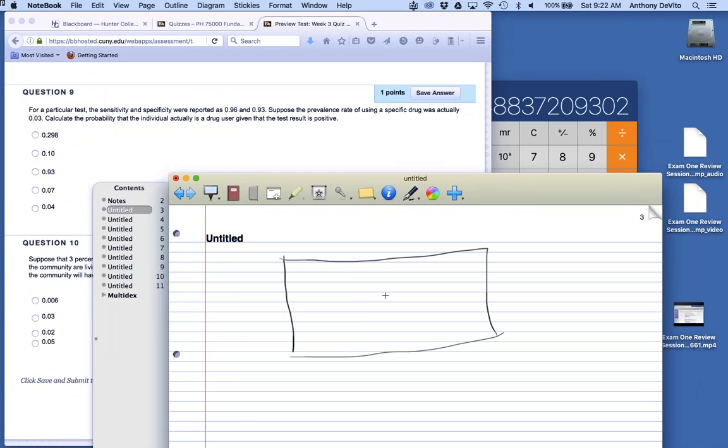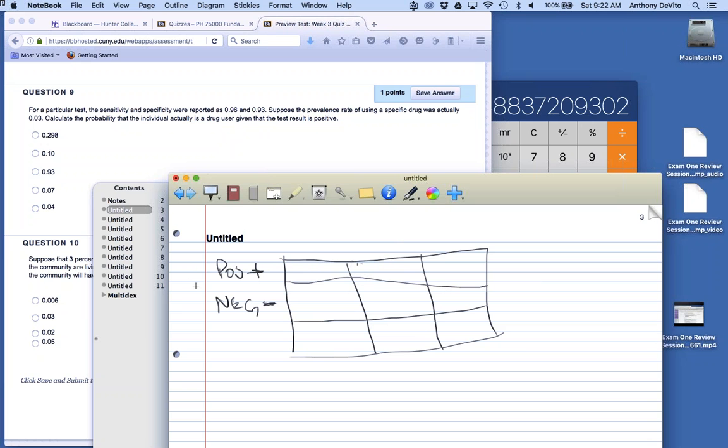Here's my table, and I've got my two outputs and my inputs here. I didn't draw that very well. Now the exposure would be the test, a positive test or a negative test.